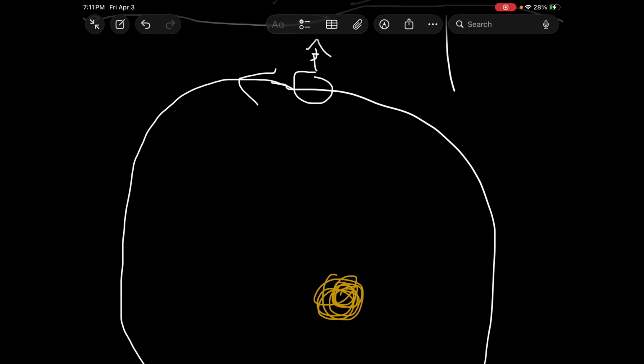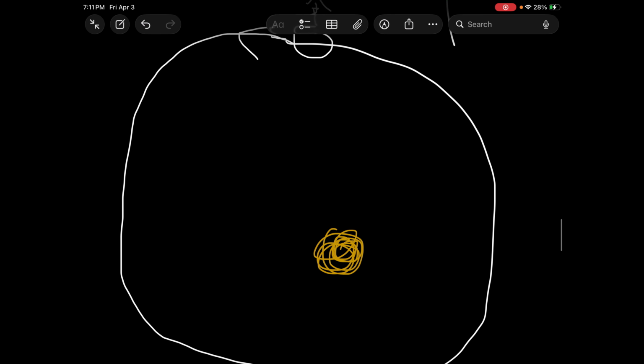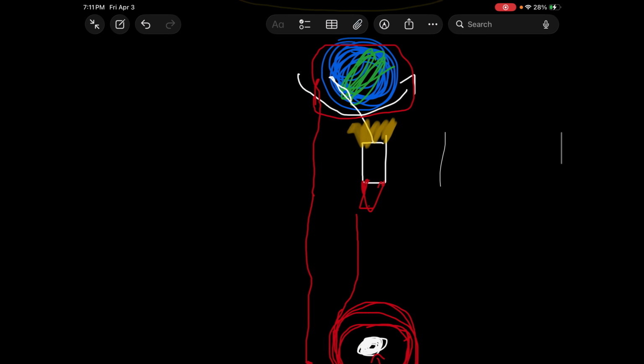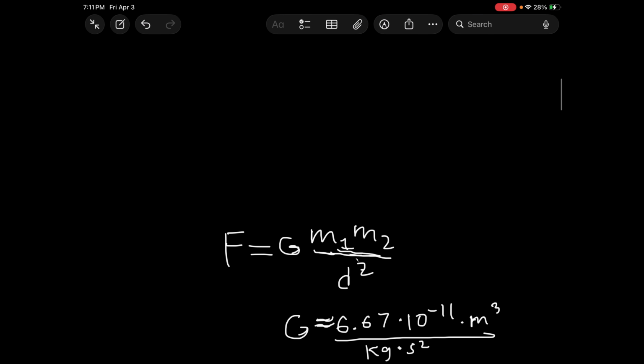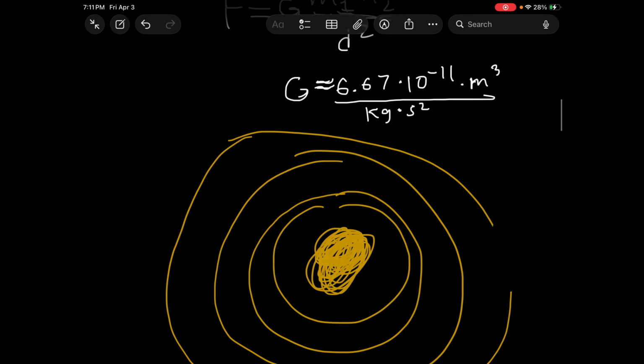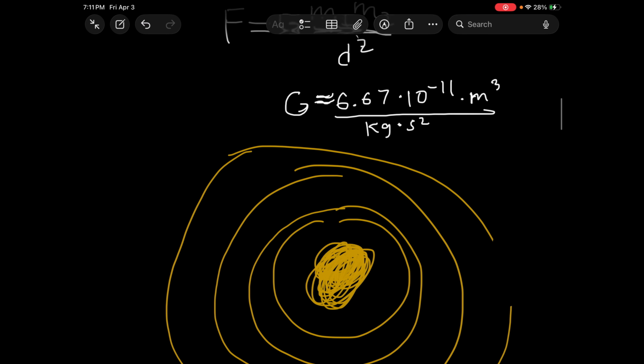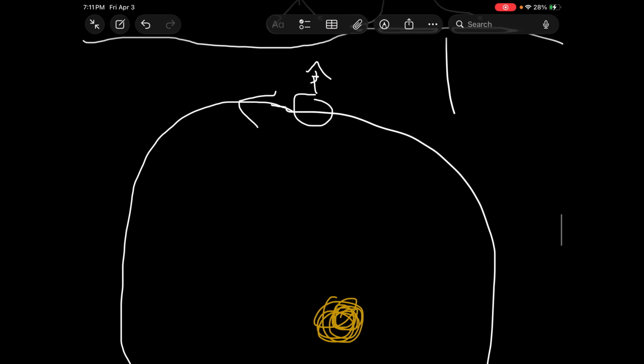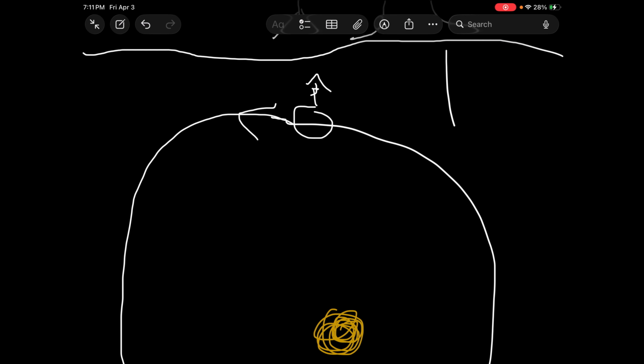And what we did was we applied the math of Newton's law of gravity to Uranus to find out the mass of this object and where it would be in the sky, so that we could observe it and see if there was actually a planet there.